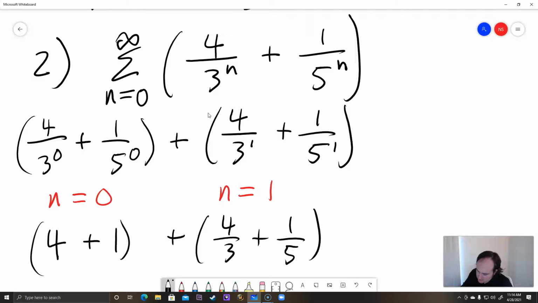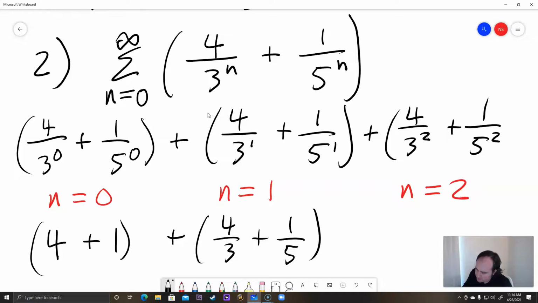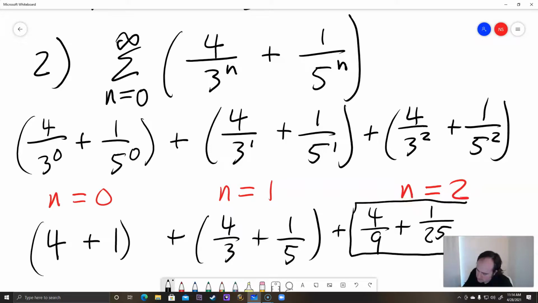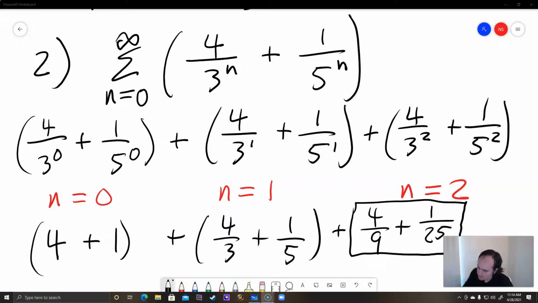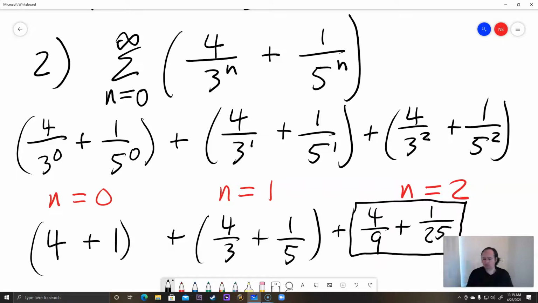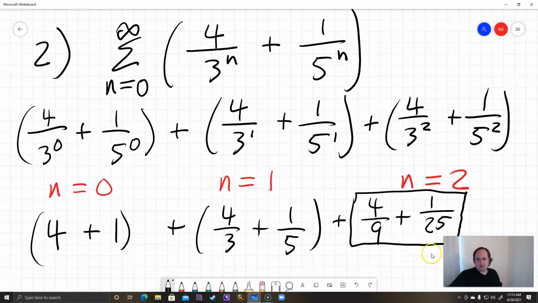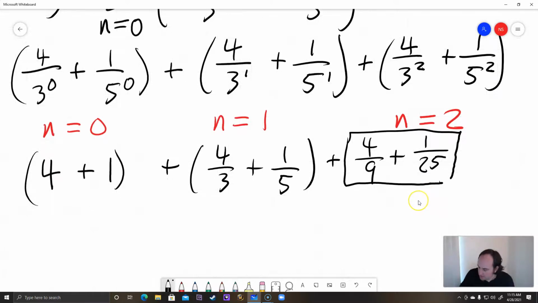Okay, and then our next term is going to be where n equals 2. So when n equals 2, we're going to have plus 4 over 3 squared plus 1 over 5 squared. So that's going to be 4 over 9 plus 1 over 25. Kind of squeezing it in there. Let me move this down a little bit so I can box that.